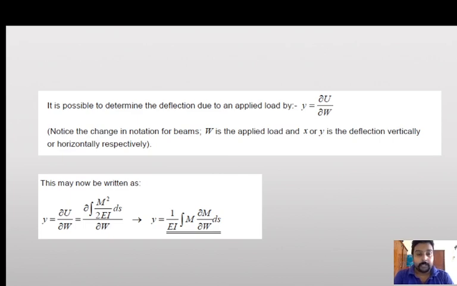Ultimately you can write y equals 1 divided by EI times the integral of M times ∂M/∂W ds.